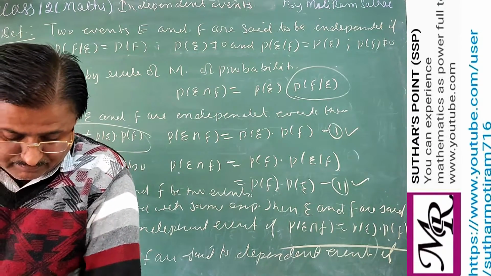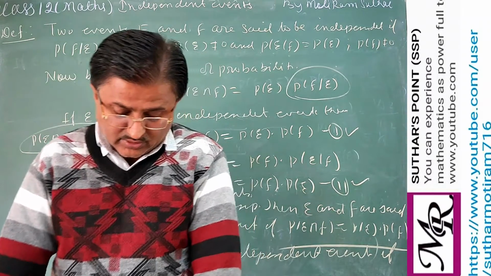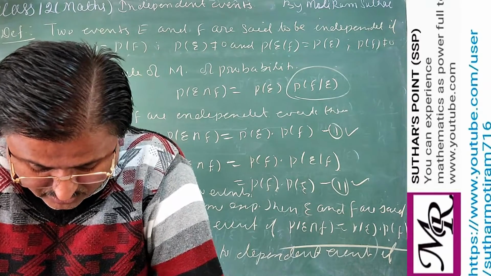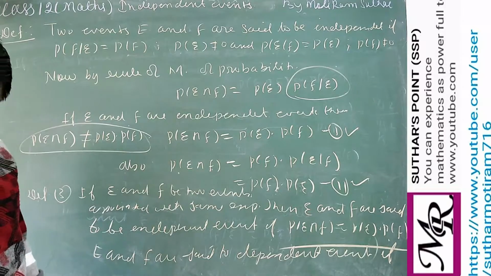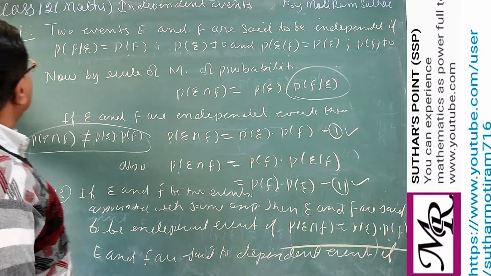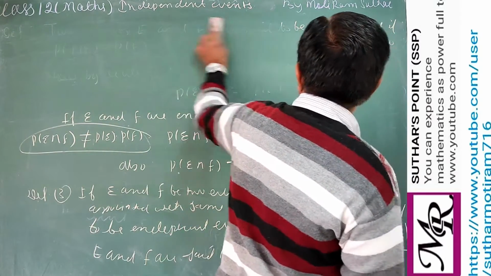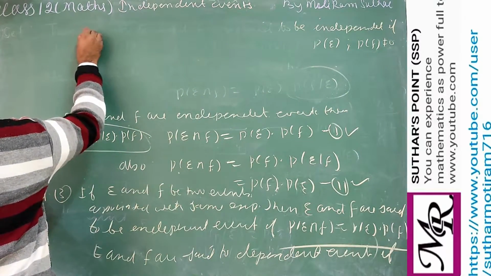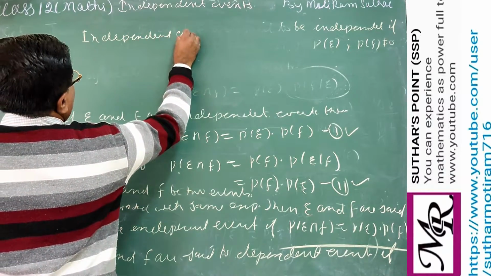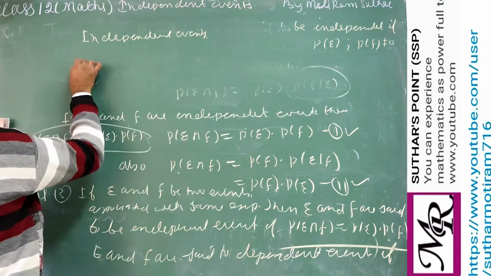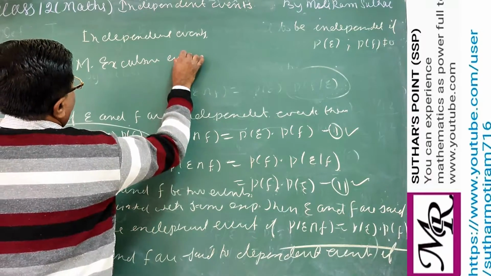Now here some points are given that we have to discuss. Sometimes there is a confusion between independent events and mutually exclusive events.